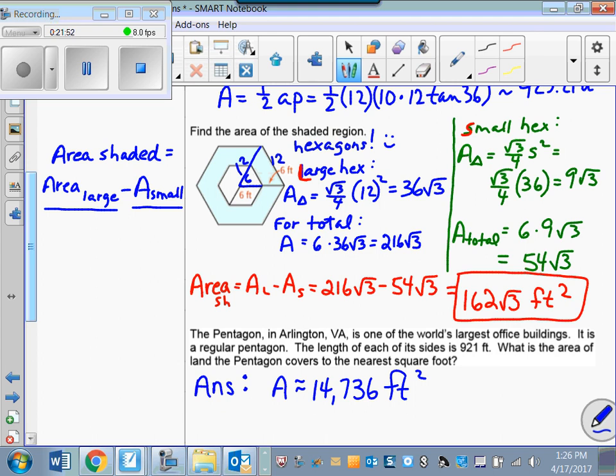Once again, hexagons, love them, because I don't have to worry with the trig because I've got equilateral triangles, not 30-60-90. So I used my triangle trick, found the area of the large one, the area of the small, subtracted, and for my answer I got 162 times the square root of 3 square feet.